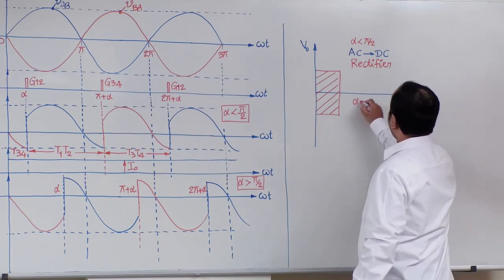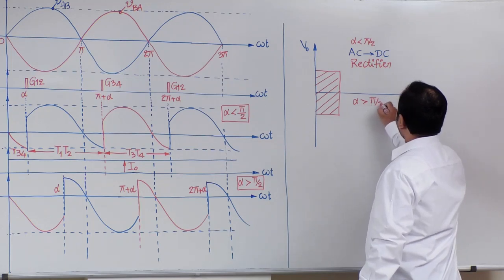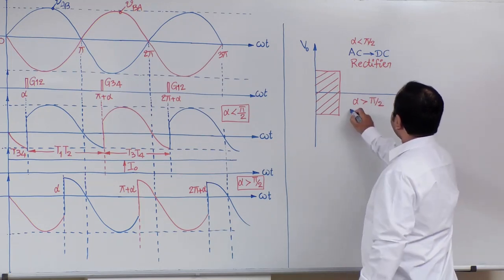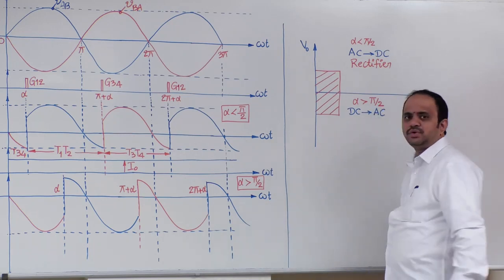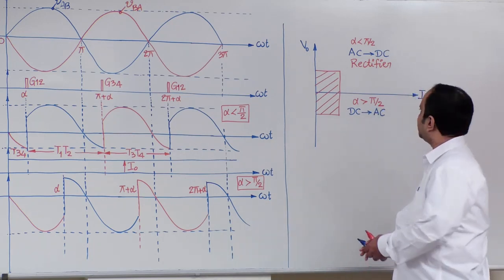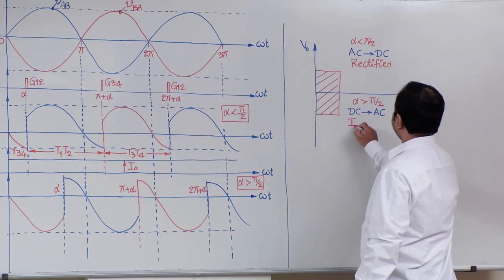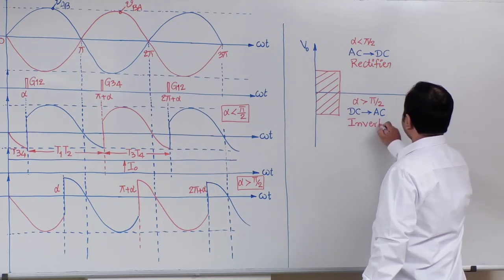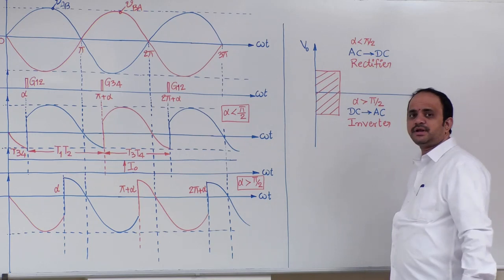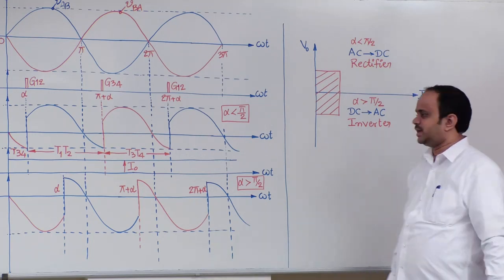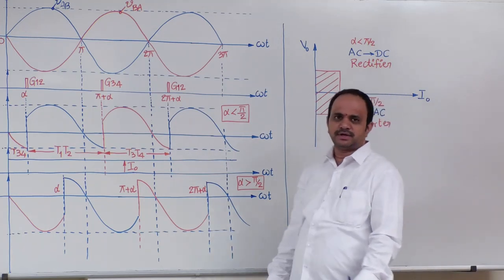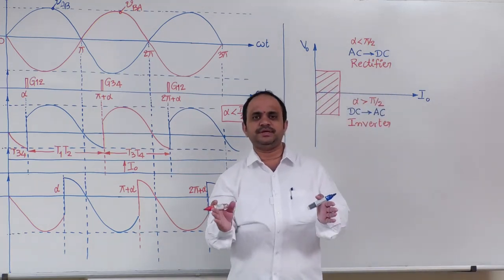Now, when alpha is greater than pi by 2, the direction of the power flow is from DC load to AC source. In such a case, the circuit operation is called inverter operation. So the phase controlled rectifier, especially this full converter, has a very specific property.